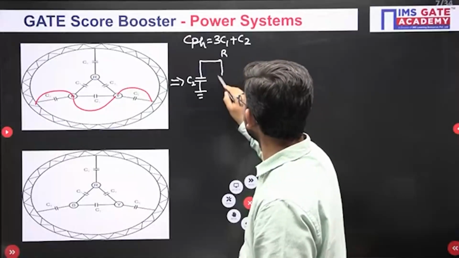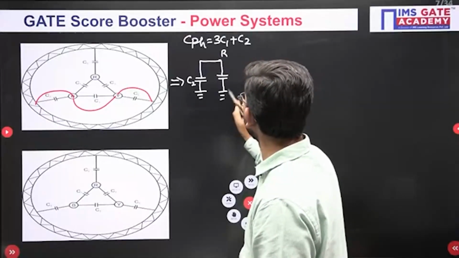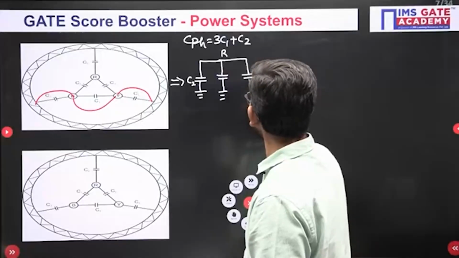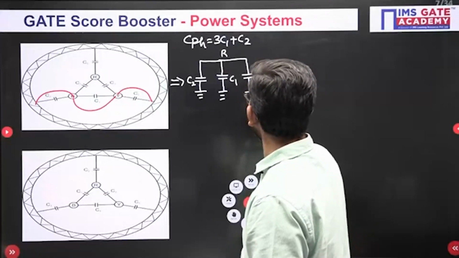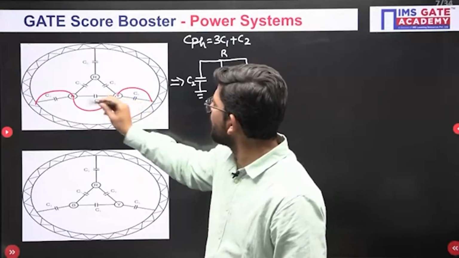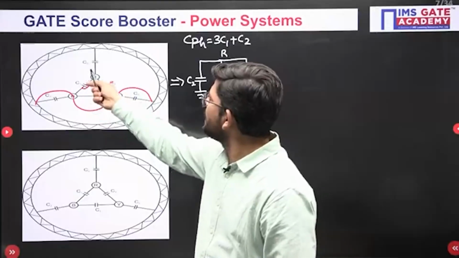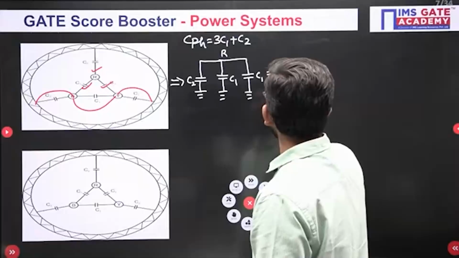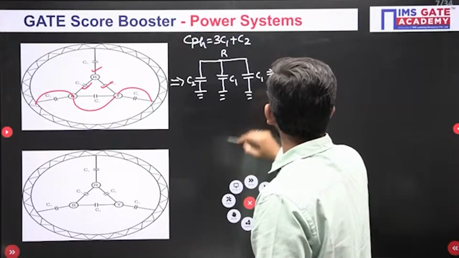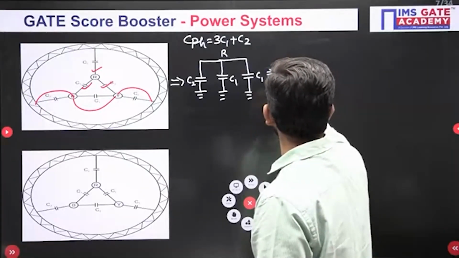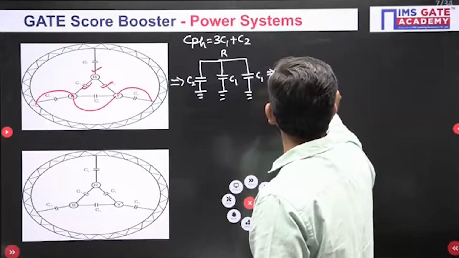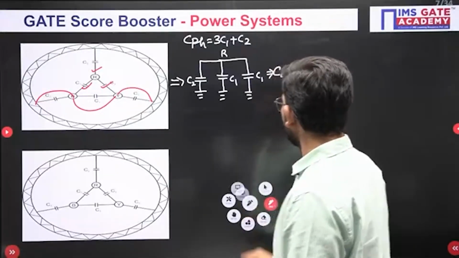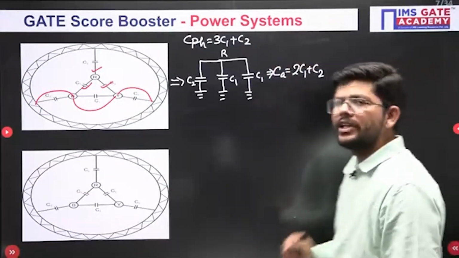From R phase to the sheath we have two more capacitances, C1 and C1. If I call this equivalent combination CA, then CA will be 2C1 plus C2 here, isn't it?